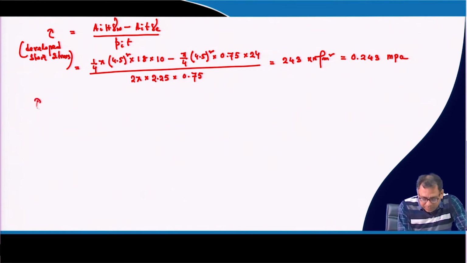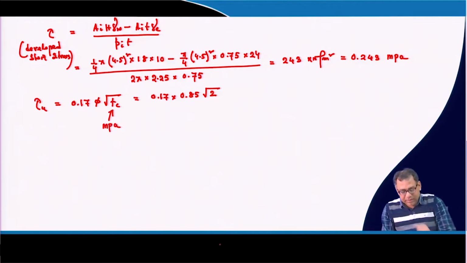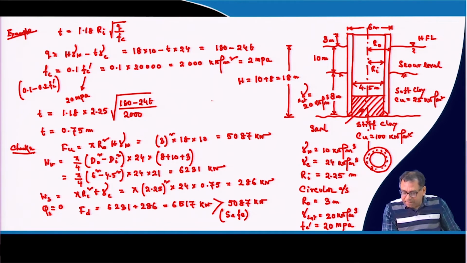Now, the ultimate or permissible shear stress is 0.17 phi root fc. So, this is 0.17, phi is 0.85 and fc is in MPa, so that means we put 2 MPa, because the fc value is 2 MPa.